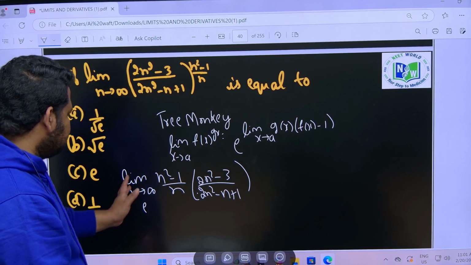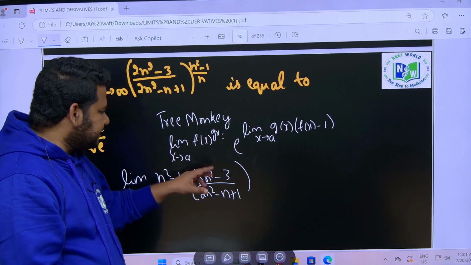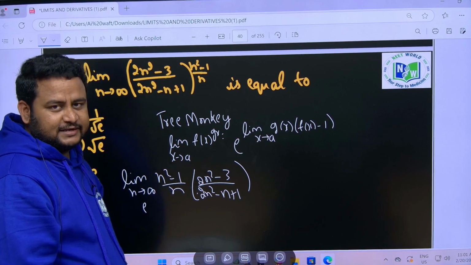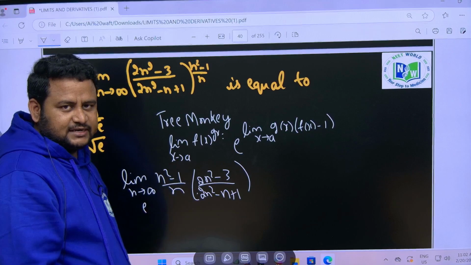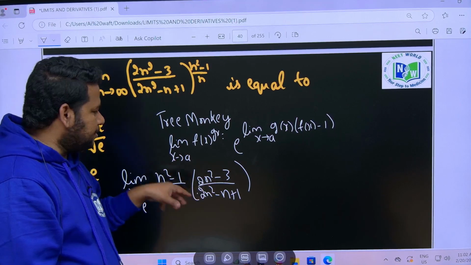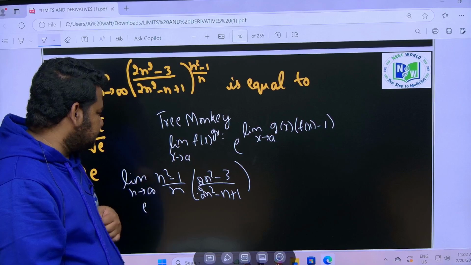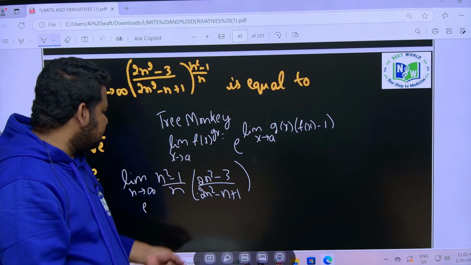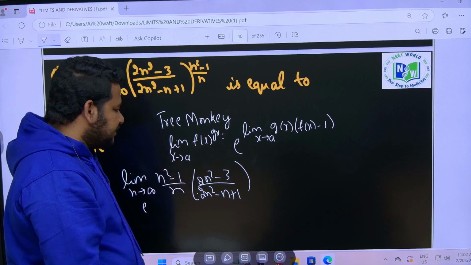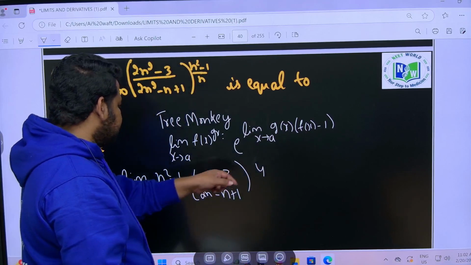Now if you look at this, this is again coming to the form of infinity by infinity. For infinity by infinity, we can use our property which I told you, whether m is equal to n, m is greater than n, or m is less than n. So see here, n square into 2n square, the power of the numerator is 4.